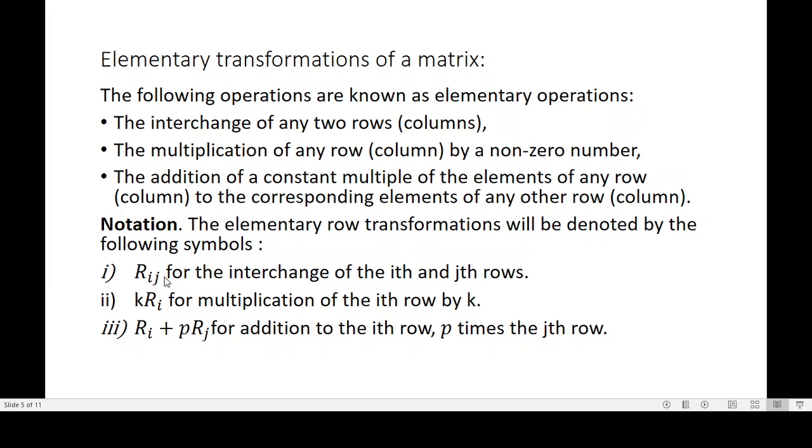So these are the notations used for row transformations or row operations. If you perform operations on columns, then symbols used are C_ij, k times C_i or C_i plus p times C_j. Instead of R, we write C. R stands for row and C stands for column.